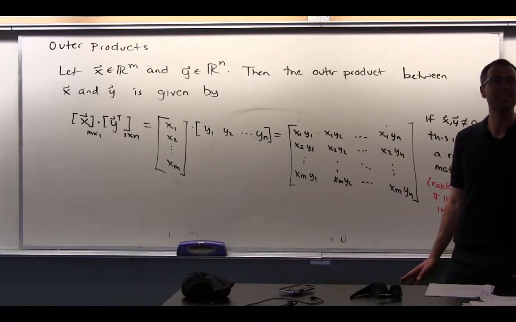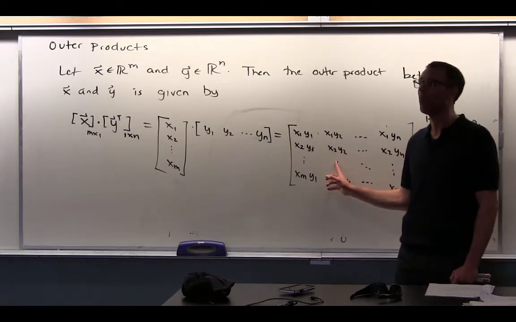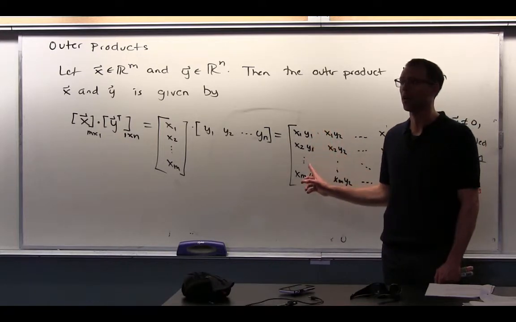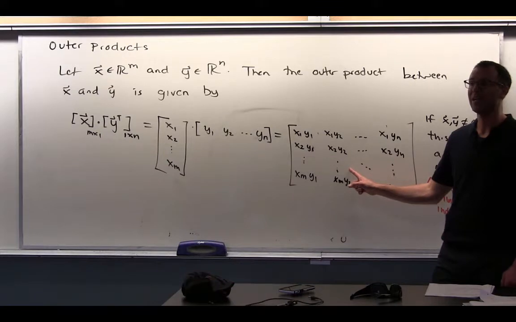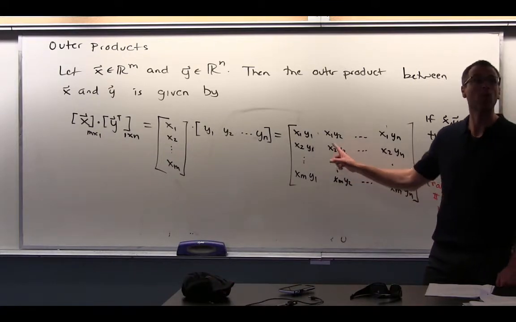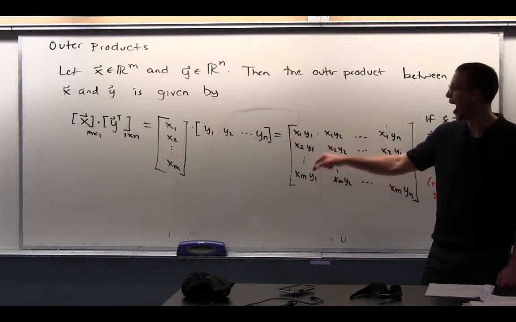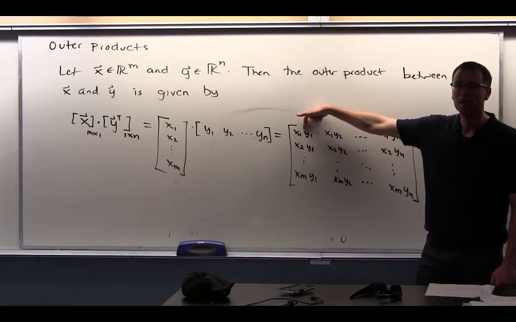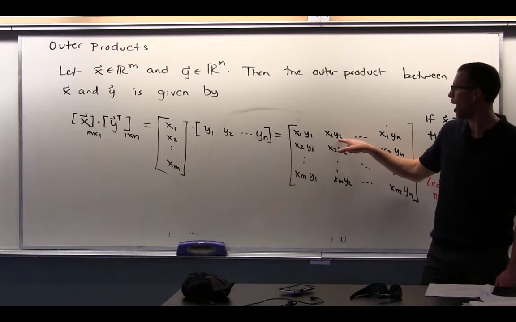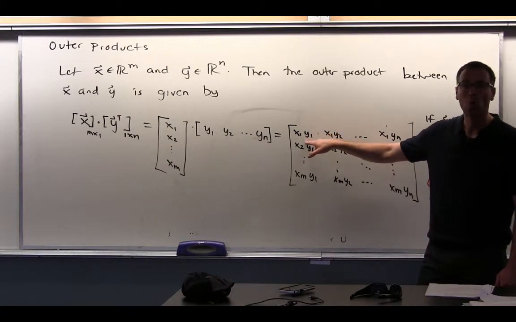Why are they linearly dependent? What does it mean for one column to be linearly dependent on another column? One of the columns can be written as a scalar multiple of the other column. How would I get to this column from that one? Multiply by y2 divided by y1.